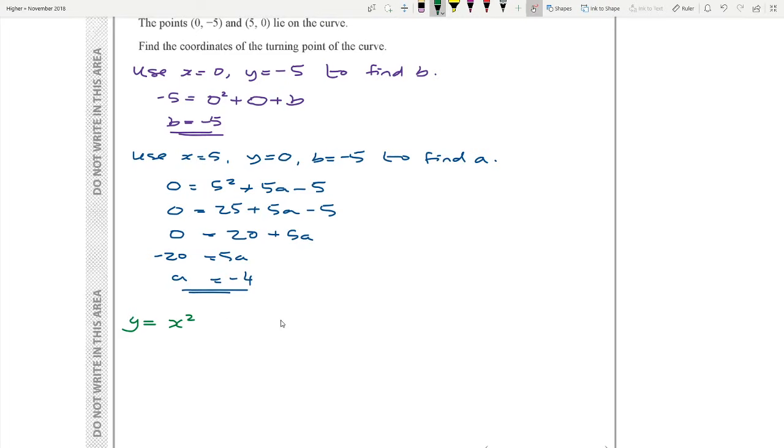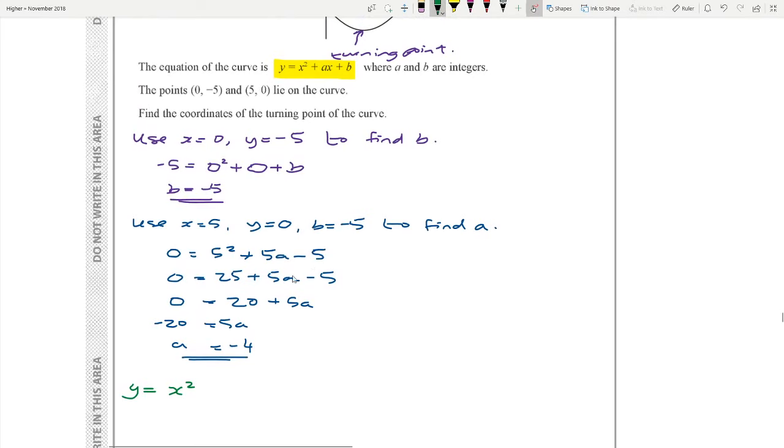So let's have a look. So plus ax, we know a is minus 4, so it's going to be minus 4x plus b, where b was minus 5, so that becomes the equation of the line y equals x squared minus 4x minus 5.